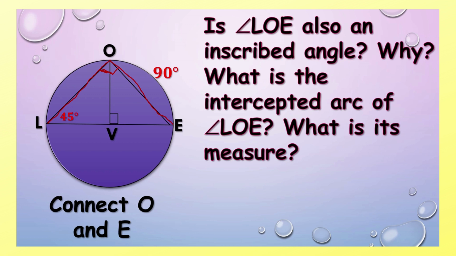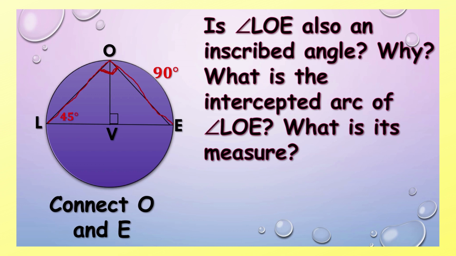So na-met niya naman yung mga rules para siya ay tawaging isang inscribed angle. Yung kanyang 2 sides ay chord, tapos ang kanyang vertex ay nasa circumference ng ating circle, yung point O. Kaya siya naging isang inscribed angle also.